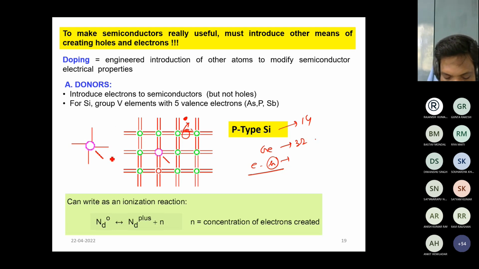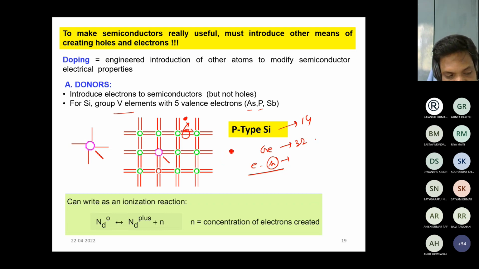Now, if we add another type of material from group 5 of the periodic table, for example arsenic, antimony, phosphorus, there are 5 valence electrons.